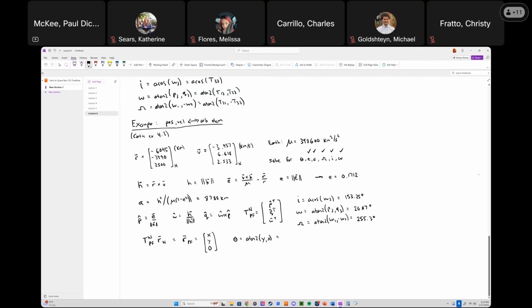And you should get 28.44 degrees. Boom. And that's it. That is position and velocity to orbit elements. Very straightforward to go through and code up. I recommend doing this as a warm-up for homework 1 because this is absolutely a part of homework 1.